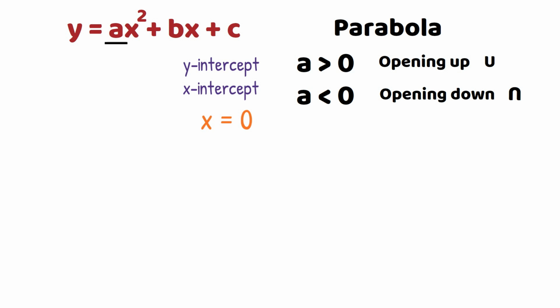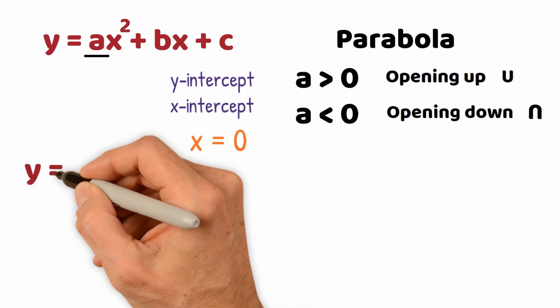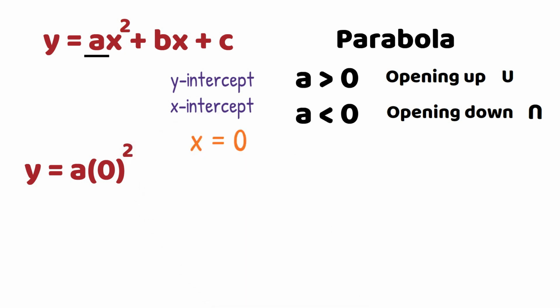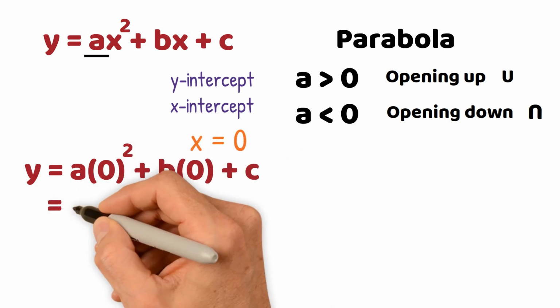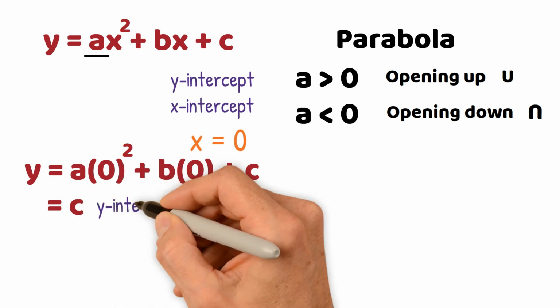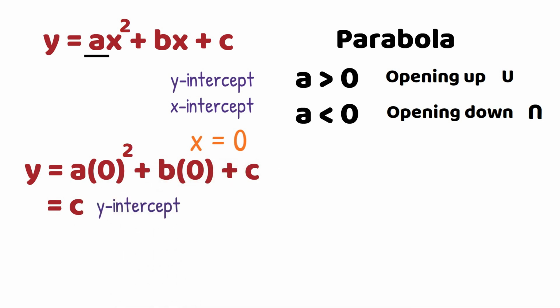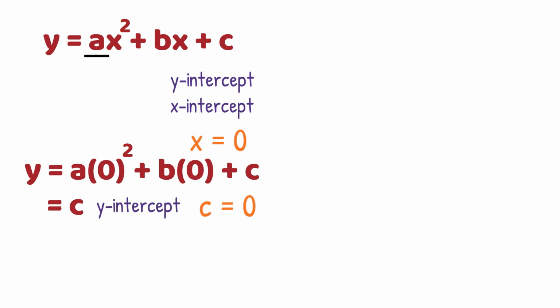We can find the y-coordinate by substituting x equals 0 into the equation y equals ax squared plus bx plus c, and essentially we get y equals 0 plus c, which is the same thing as y equals c. Therefore, c is always the y-intercept. In our above two examples, they both had y-intercepts of 0, which is why there is no c term in those equations, because the c term equals 0.